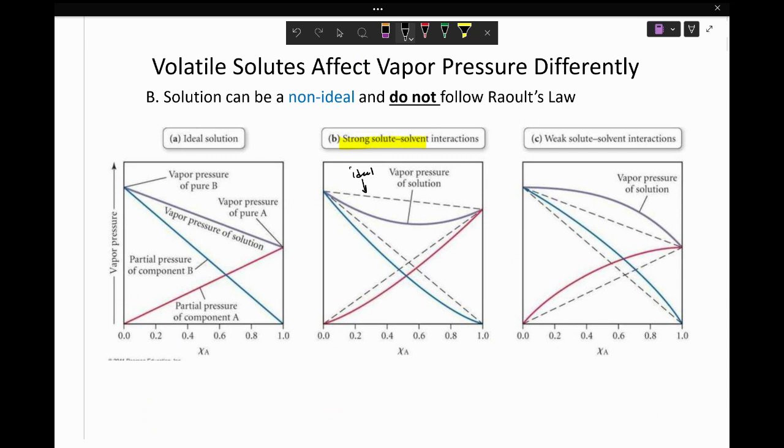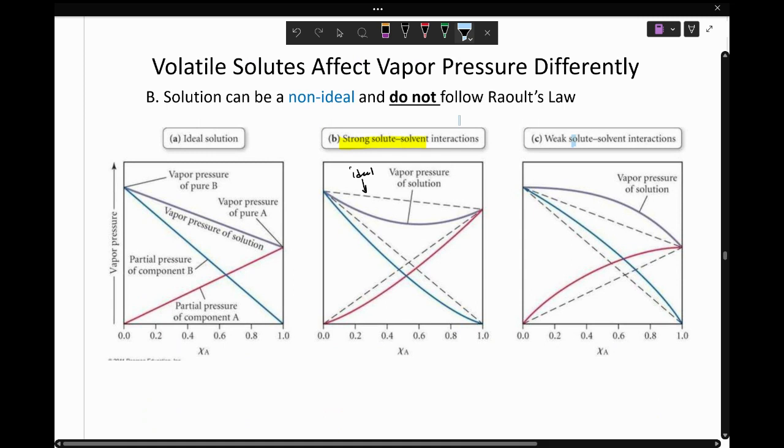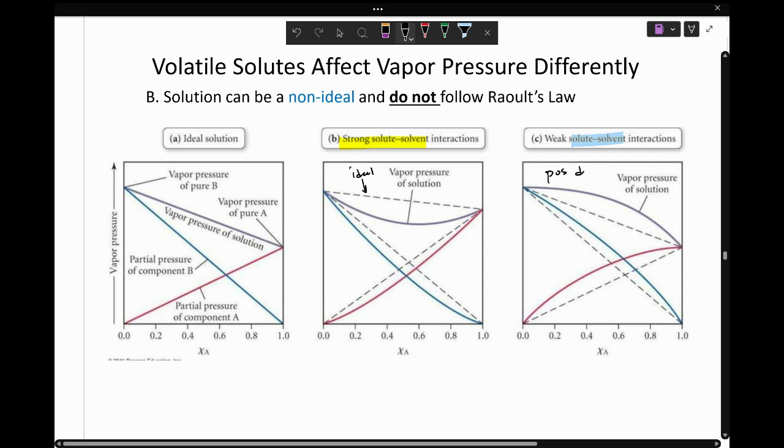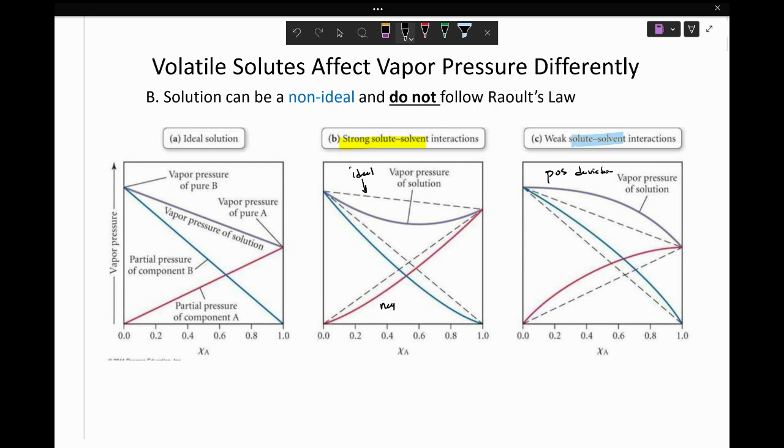So everything's down below its ideal amount. So each is contributing a little bit less to the total vapor pressure, which is the purple line. And then when you have the flip side of weak solute-solvent interactions, we see that everything has a positive deviation, whereas this one was a negative deviation.